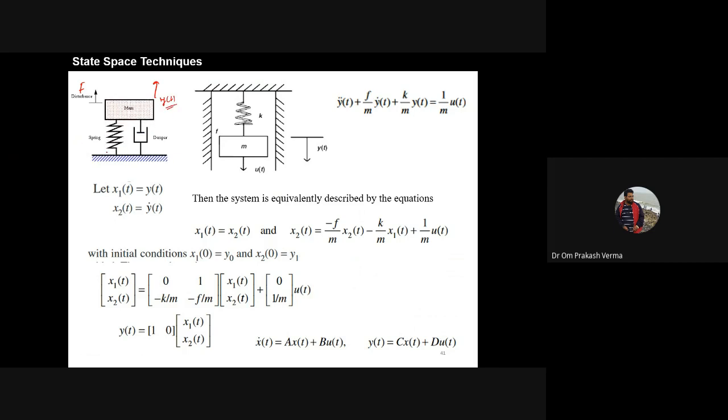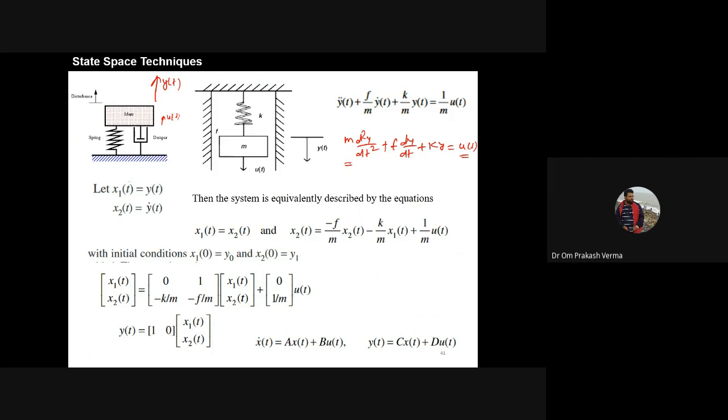When you write the differential equation for the mass damper problem, it is m d2y by dt square, plus f dy by dt, that is the damping force, plus ky, equals the force u(t) that is applied.